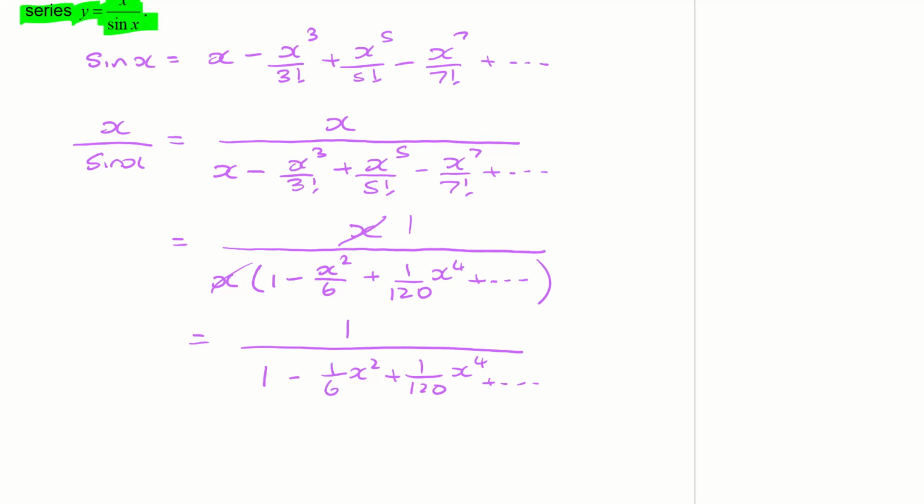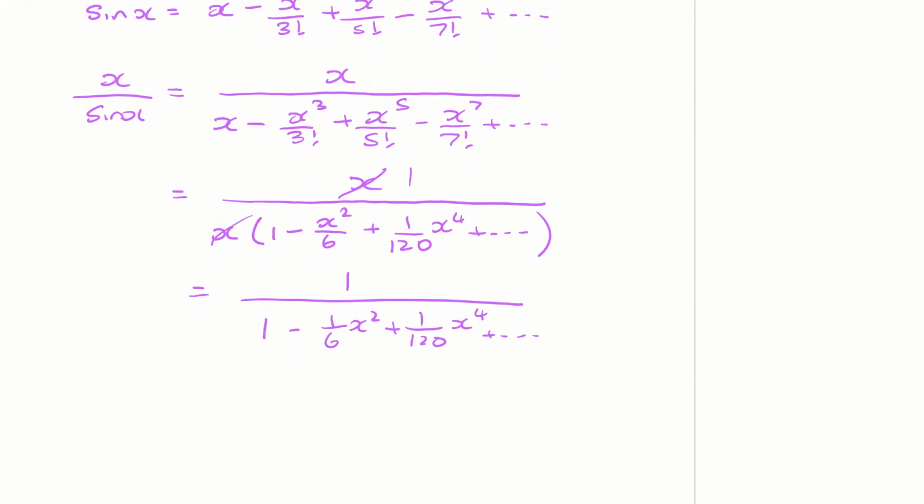Remember, that would carry on there, but we don't need any more. And I'm going to rewrite this as 1 over 1 take away 1/6 x squared, take away 1 over 120 x to the 4. Just be careful with the factorising there.